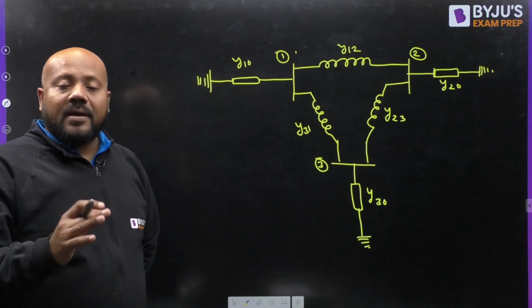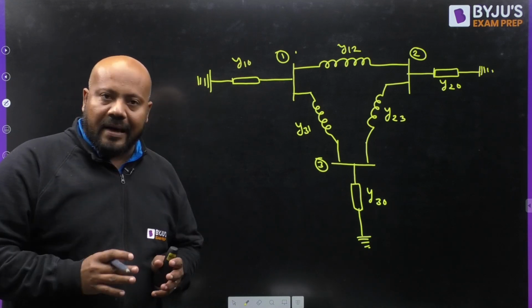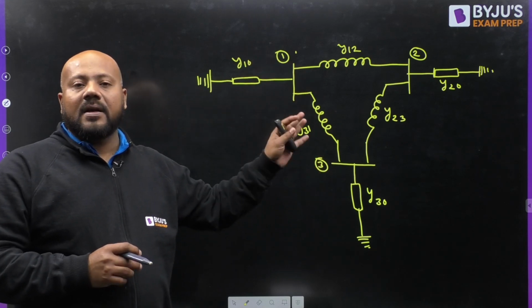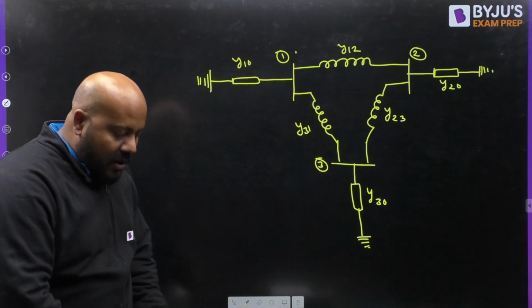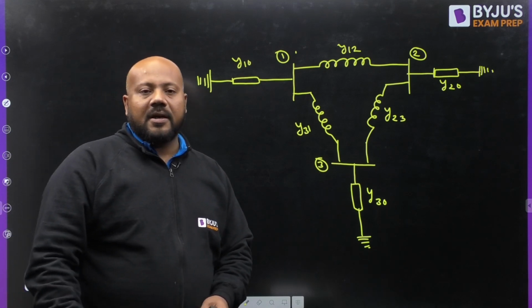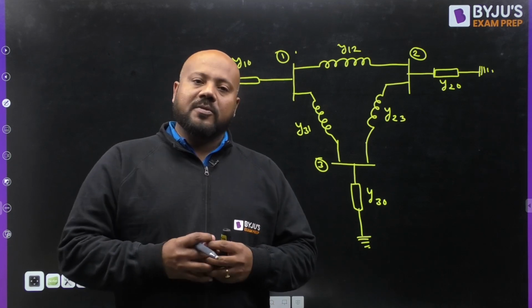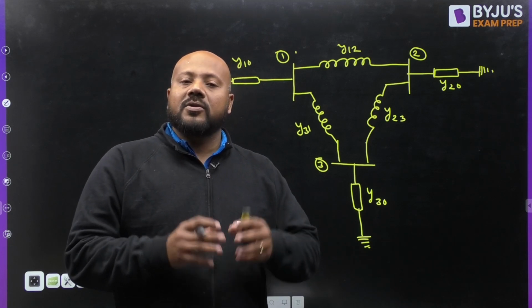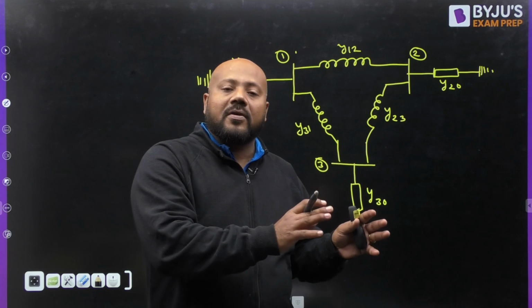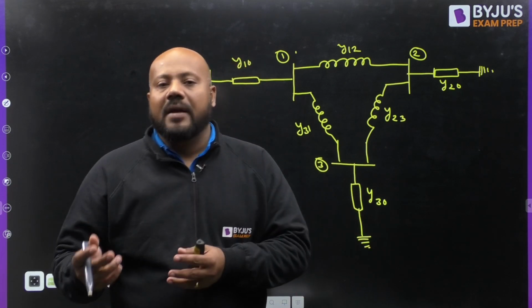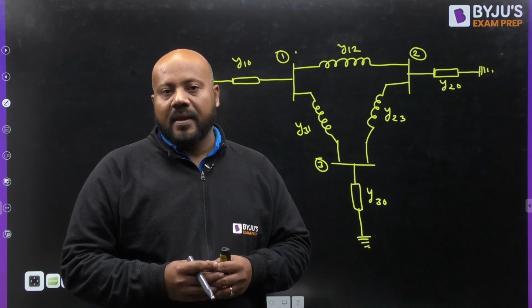Now again, to make it the most general case, I am assuming all the 3 lines in this system are having the line charging capacitance. Now you first understand what the line charging capacitance is. Why do you model your transmission line? You model your transmission line because you want to represent each and every physical phenomenon happening in your line in terms of an electrical circuit element.